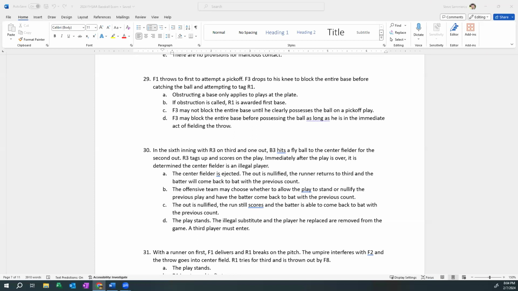What rule would supersede what? The catcher's blocking the plate and the runner leaps the catcher to touch home plate. Before he finishes that leap, what happened first? Why did he leap? The catcher was blocking the plate. So you have obstruction.